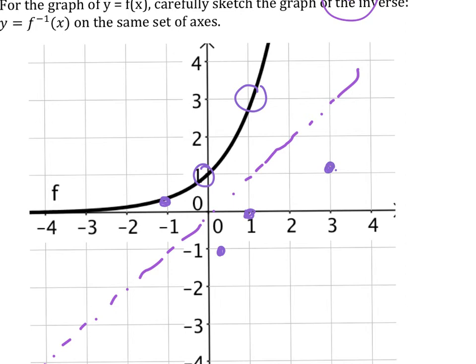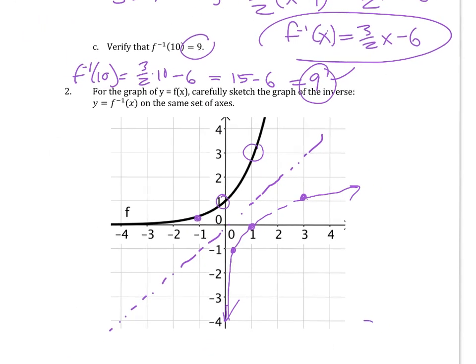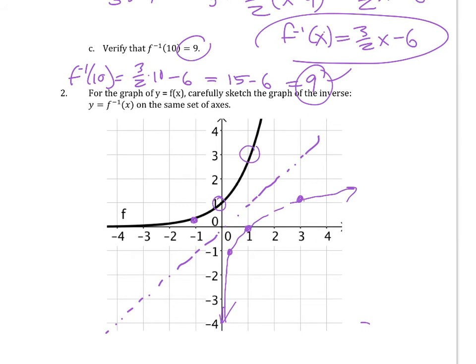So I've got 3 points that I've mirrored across this diagonal. That's enough for me to make a pretty good sketch. Just going to pass through those points. So this represents inverse f of x. Questions?